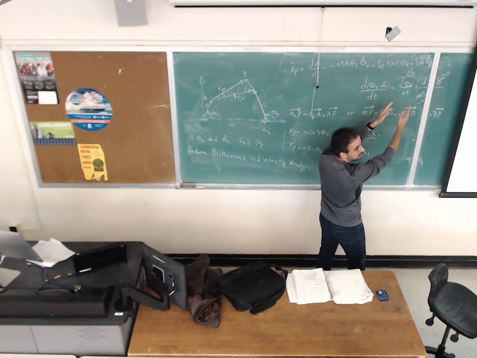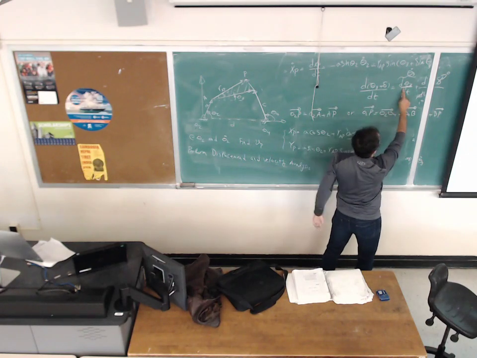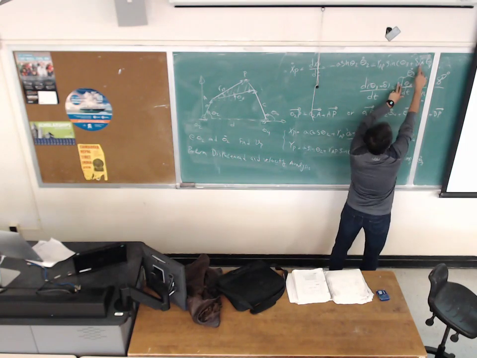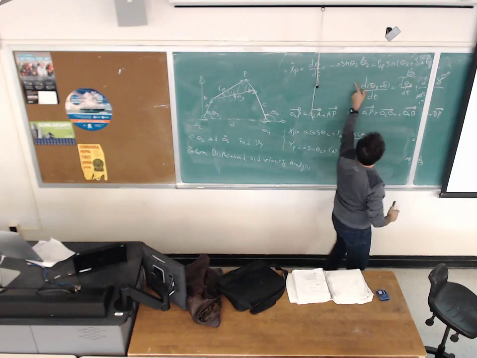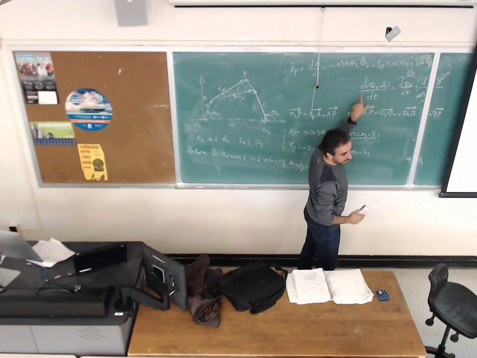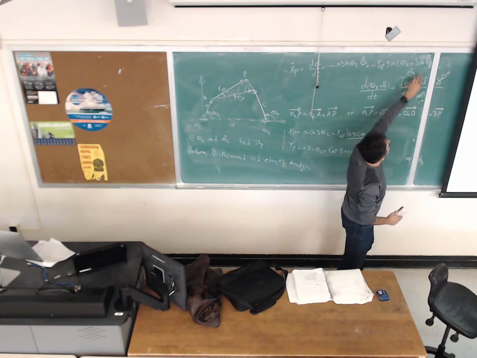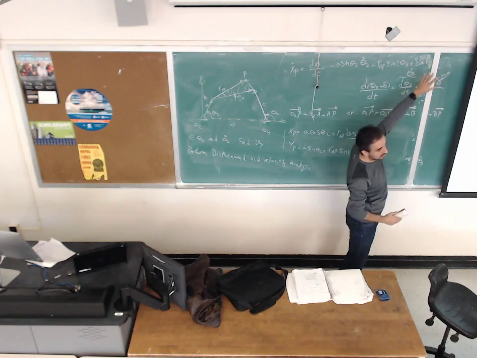What did you add to the derivative of x_B? Here I have multiplied by the derivative of this, and I replaced the entire thing with only theta dot 3. Make sense? Yep.